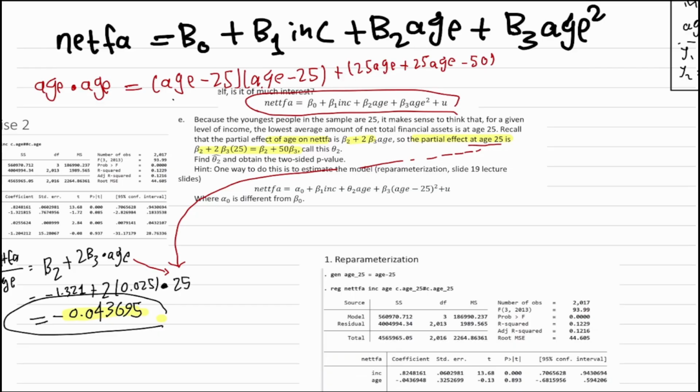So even if we took the partial derivative of it, it will be equal just to beta 1, because we'll treat other things as constants and they will disappear. So it doesn't depend on age in this example.